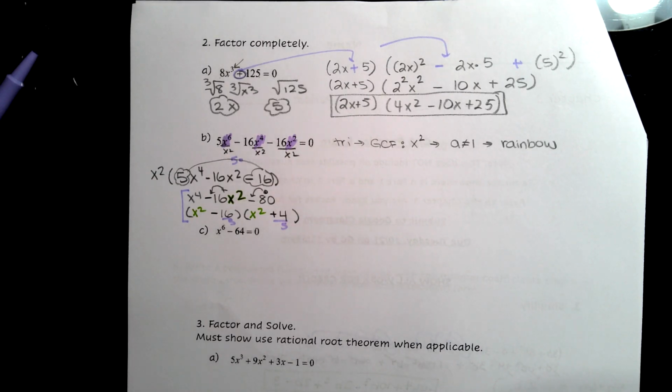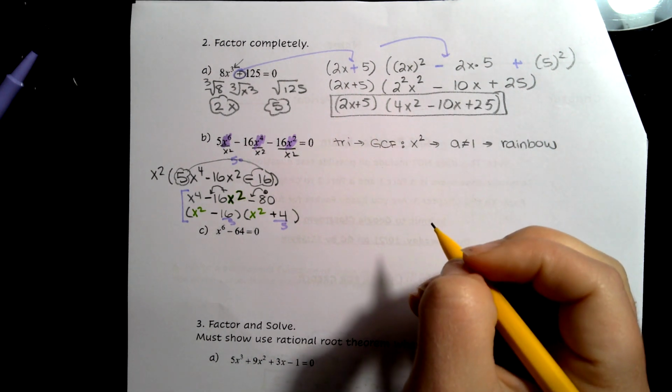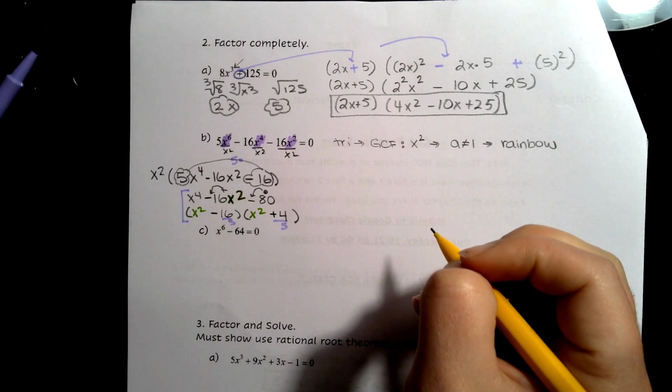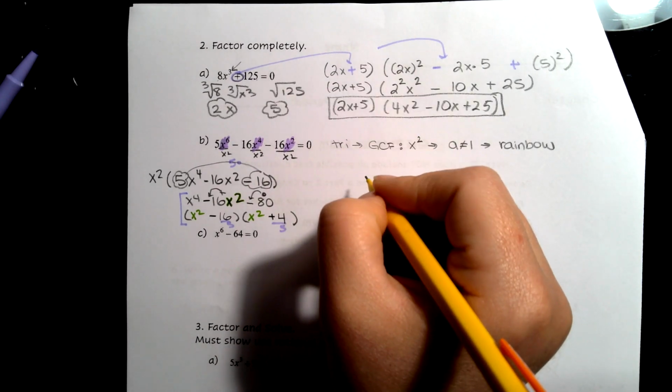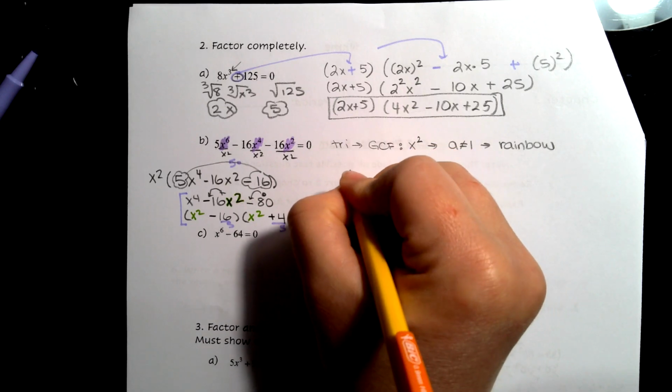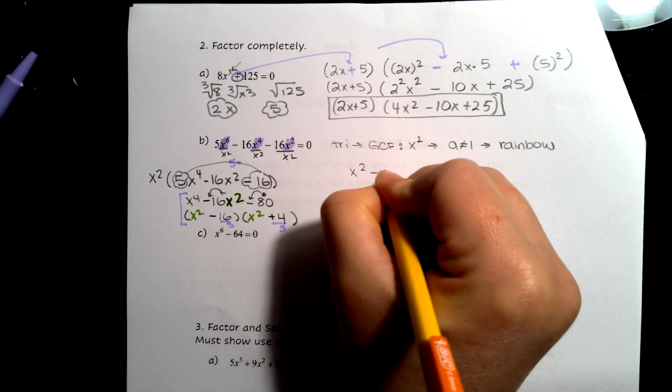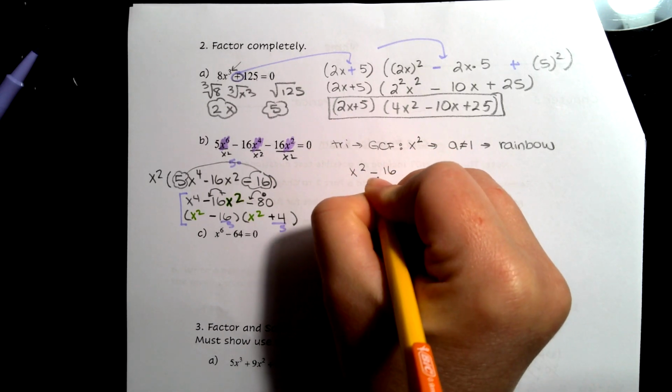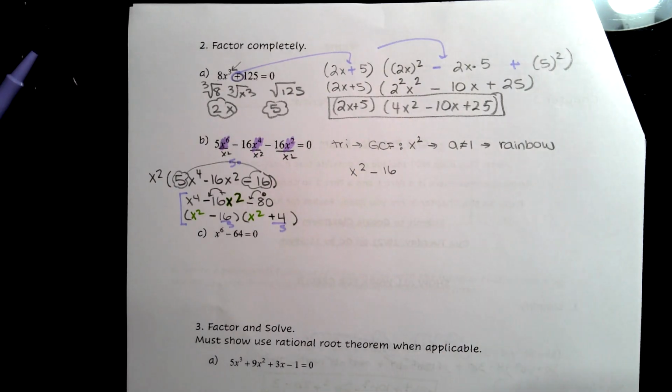And so let's see what we have. Okay, let's go ahead and do this. We got x squared minus 16. 16, why did I write 16?